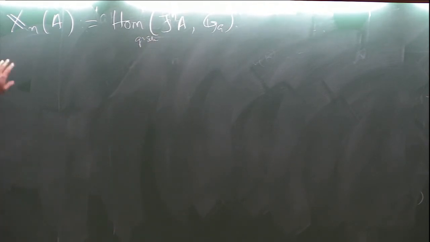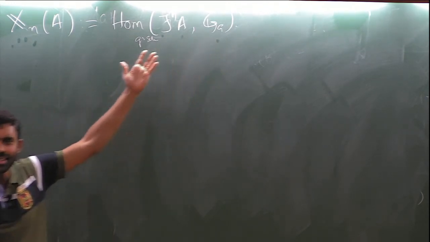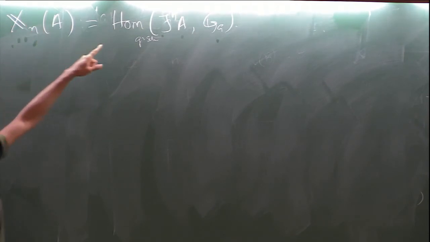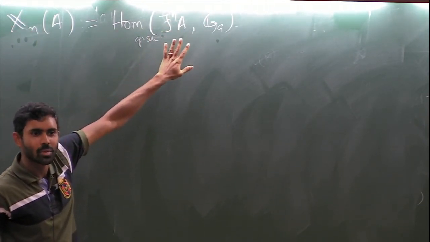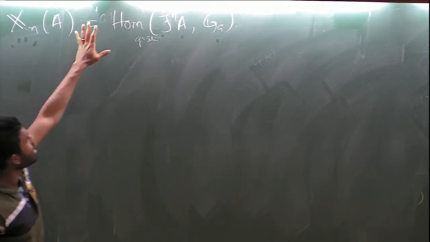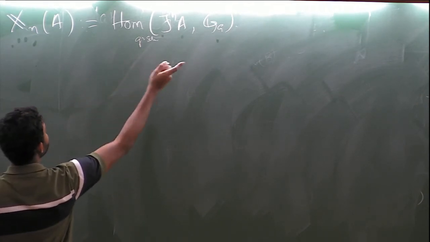I just introduced x sub n of A as characters of Jn of A to Ga hat. And you saw in the differential algebra case, we saw these Manin maps. There is an exactly analogous theory for these arithmetic jet spaces. There are Manin maps. What I'm saying is that this is non-trivial actually. It's not an empty space. So these are maps out from Jn of A to Ga hat.